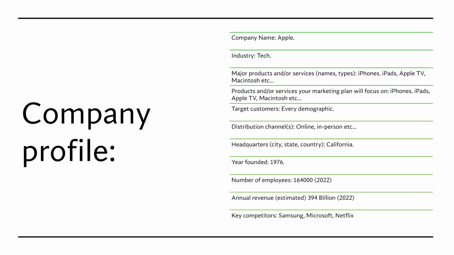In this slide, we will talk about the company profile. The company name is Apple and the industry is tech. Major products and/or services names or types are the iPhones, iPads, Apple TV, Macintosh, and more.